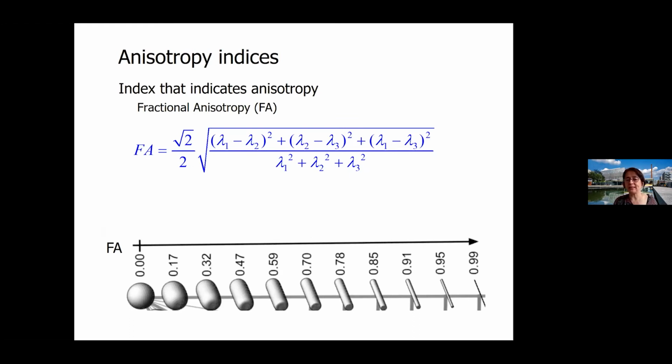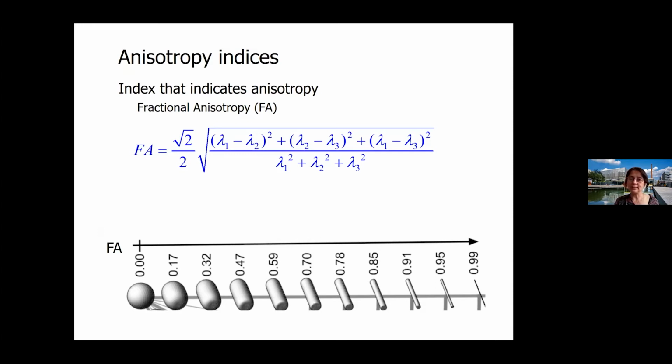This fractional anisotropy is limited. The fact that we reduce this diffusion tensor, which is a 6-dimensional entity, to just 1 dimension means that you lose information, of course. These are usually invariant, so these are independent of rotations.